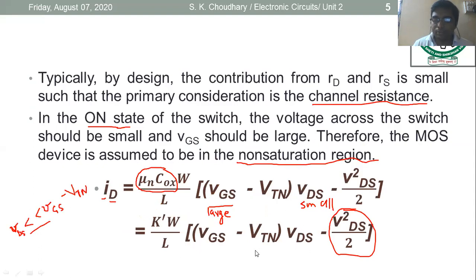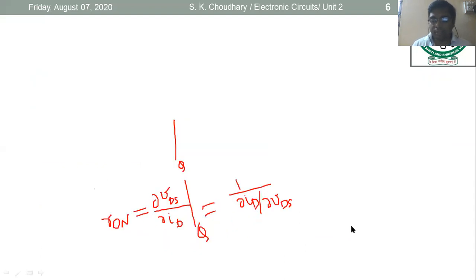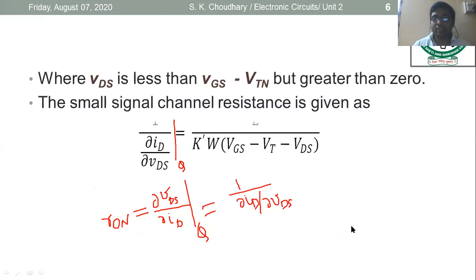It would be 1, VGS minus VTN remains as it is, minus twice of VDS. So the 2 would be cancelled, minus VDS. That's why this equation comes out: 1 upon K dash W by L times VGS minus VT minus VDS. That could be further written as L upon K dash W times VGS minus VT minus VDS.